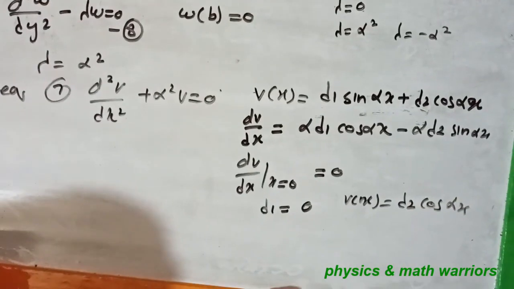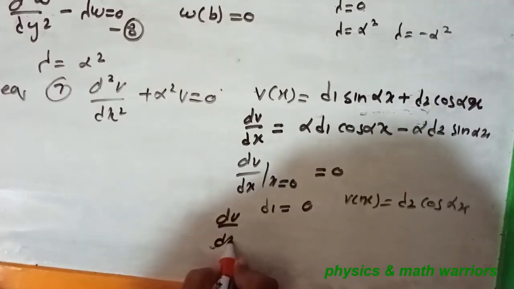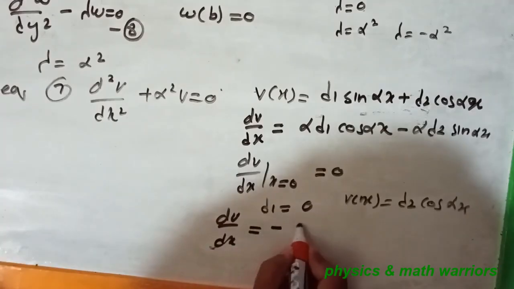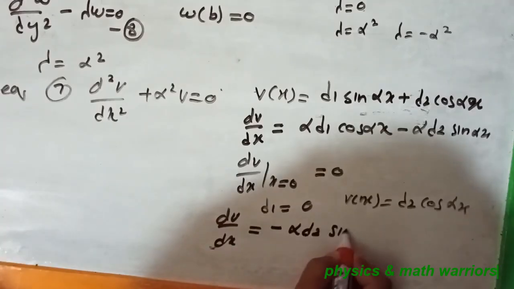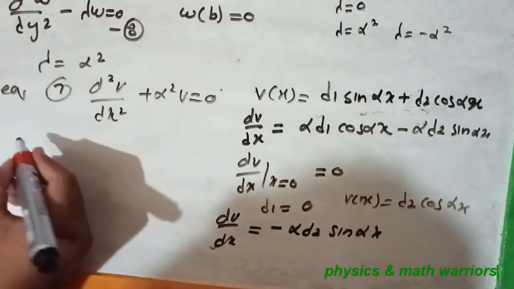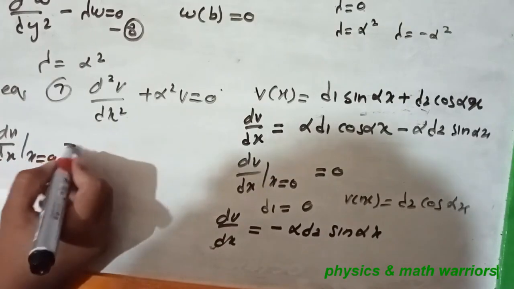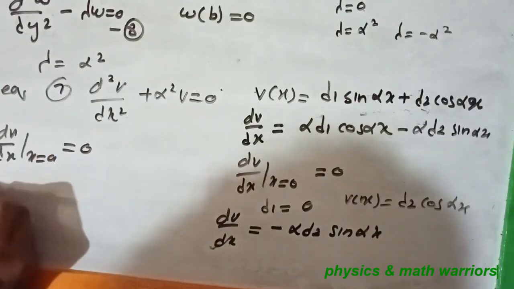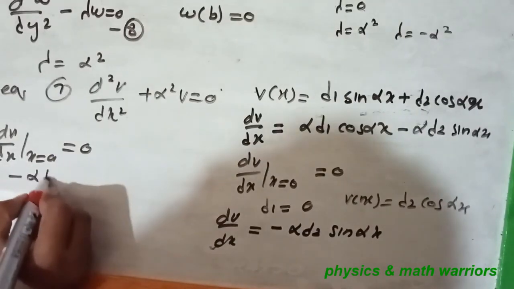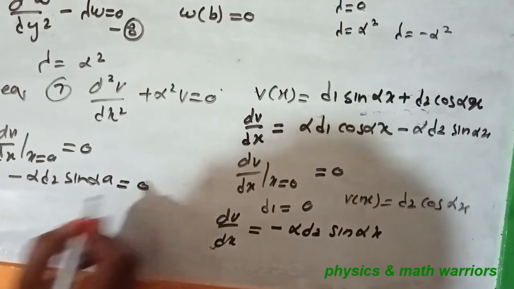Now we'll use the second boundary condition. Now dv over dx is equal to minus alpha d2 sin alpha x. Now dv over dx at x is equal to a is equal to 0 implies minus alpha d2 sin alpha a is equal to 0.